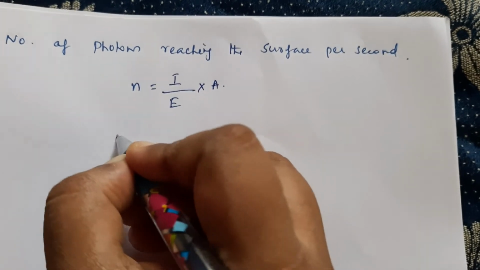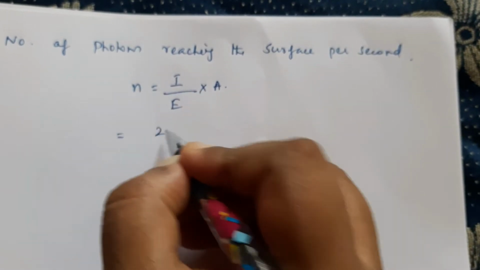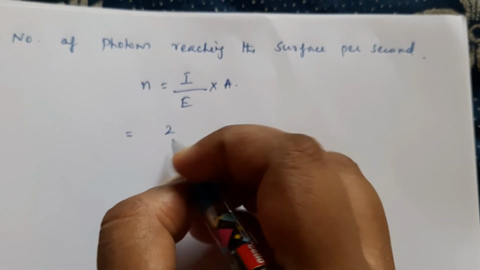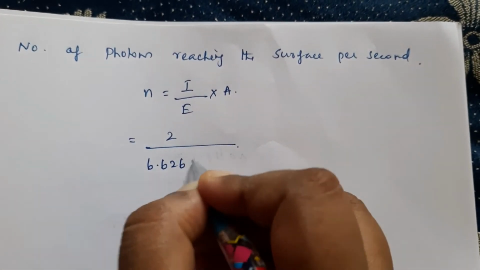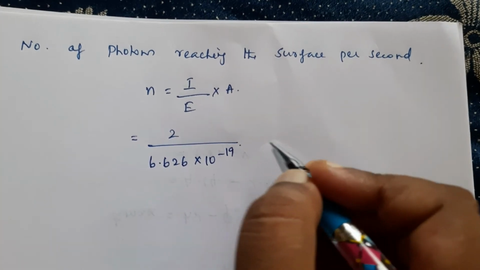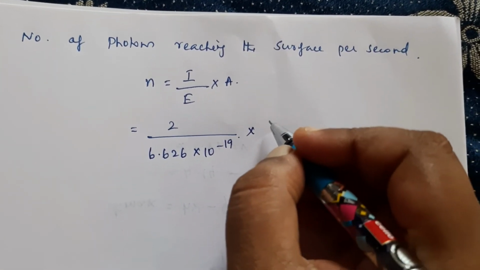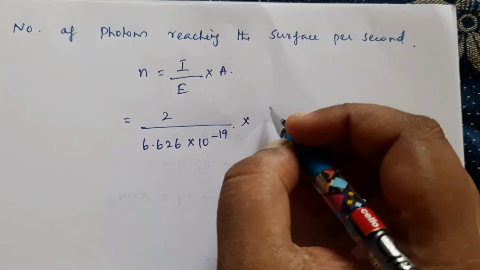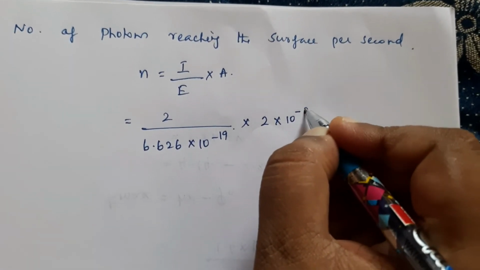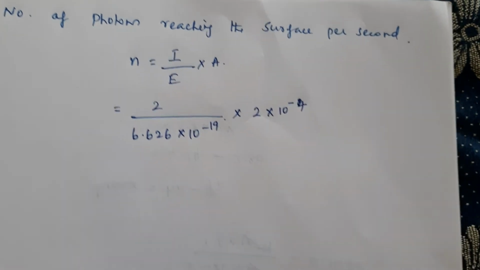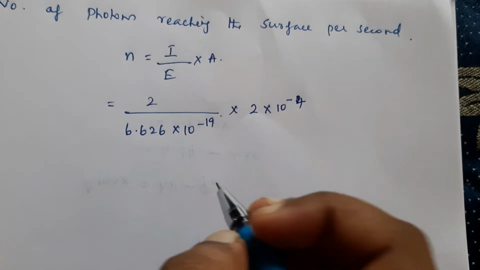Okay. So here the intensity is 2 watt per meter square. So 2 by energy in joules, is 6.626 into 10 raised to minus 19, we have calculated, into area, which is given as 2 centimeter square, so 2 into 10 raised to minus 4.